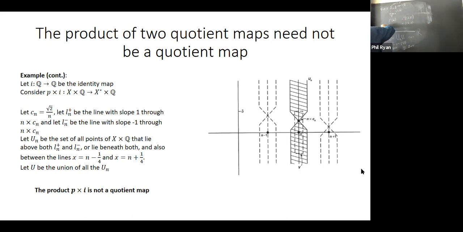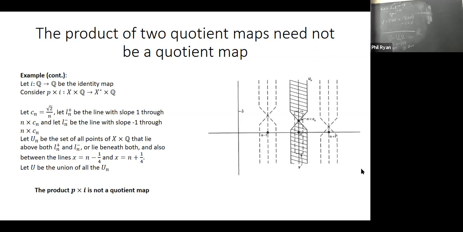And so these sets here, let's call that V, what we've got. So this is what V is going to look like, right? It's going to be something between minus delta and delta in the horizontal direction, which is the rationals, and we need some neighborhood of the integers in this thing.